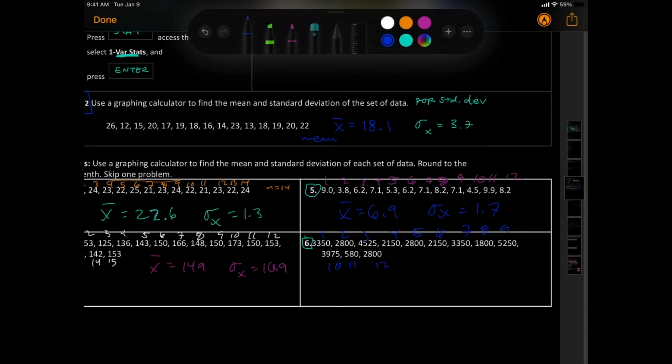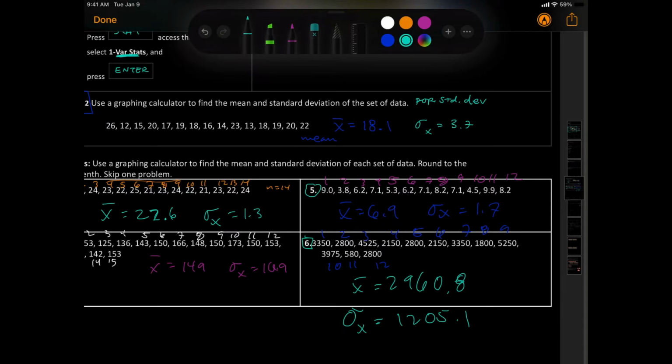Let's go ahead and write that. $2960.8 and whoops, population standard deviation is 1205.1.